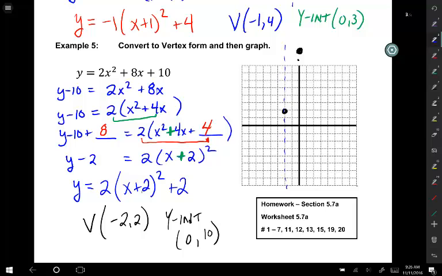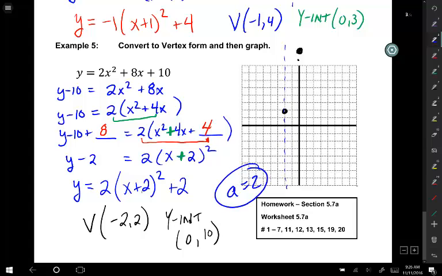Our normal pattern is 1, 1, 2, 4. That's when A equals 1. But what does A equal in this case? A equals 2. So the normal pattern, Cole, instead of going over 1, up 1, we stretch it vertically by 2. So over 1, up 2. So go over 1 and go up 2 right to there. I'm going to put over 1, up 2, because we multiplied by the A value.